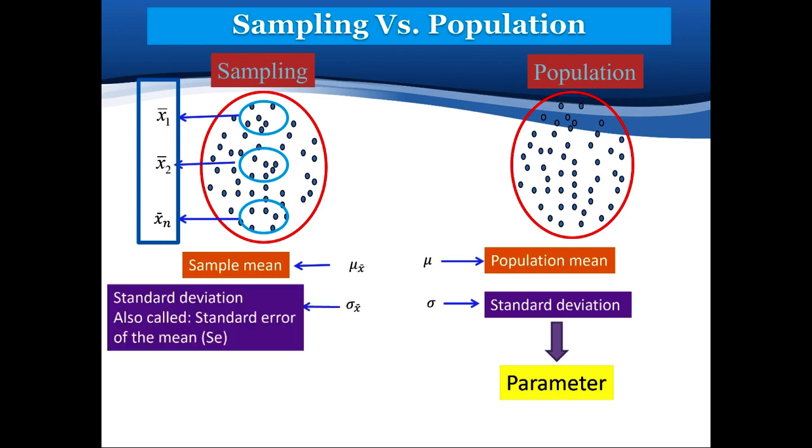We denote the standard deviation of the sampling distribution, which is also called the standard error of the mean, as sigma x bar. They are all statistics, which are measurements from a sample.